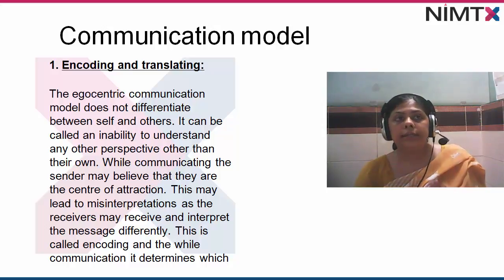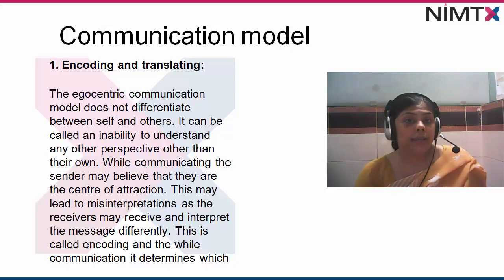You just cannot say or give a message about any and everything to the receiver. You have to understand what they are looking for, what they have come to hear. So this kind of communication model is called the egocentric model, and this is flawed because it does send a message, but it does not send the message the receiver wants to hear.